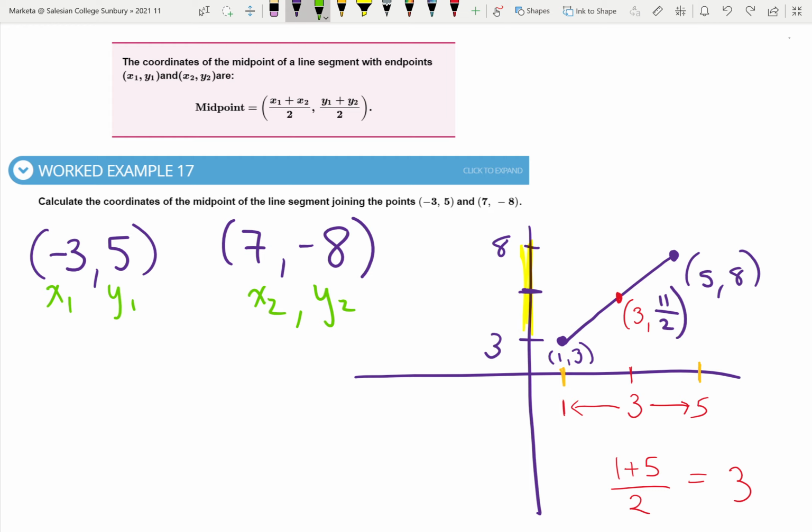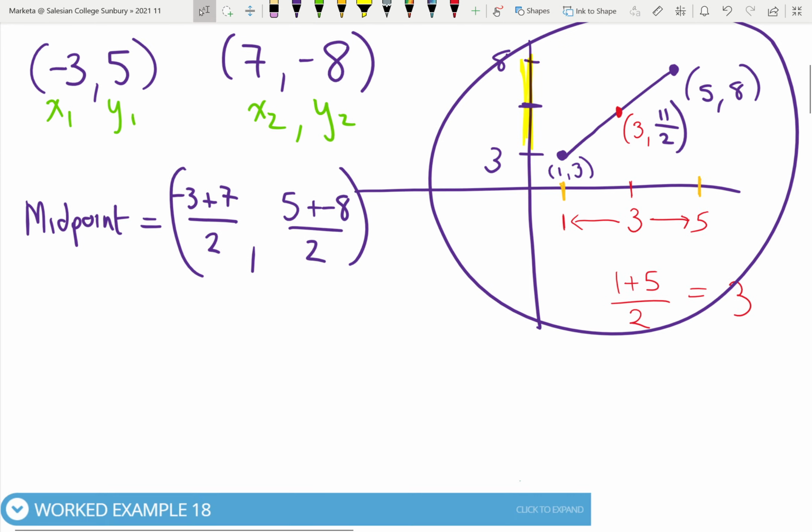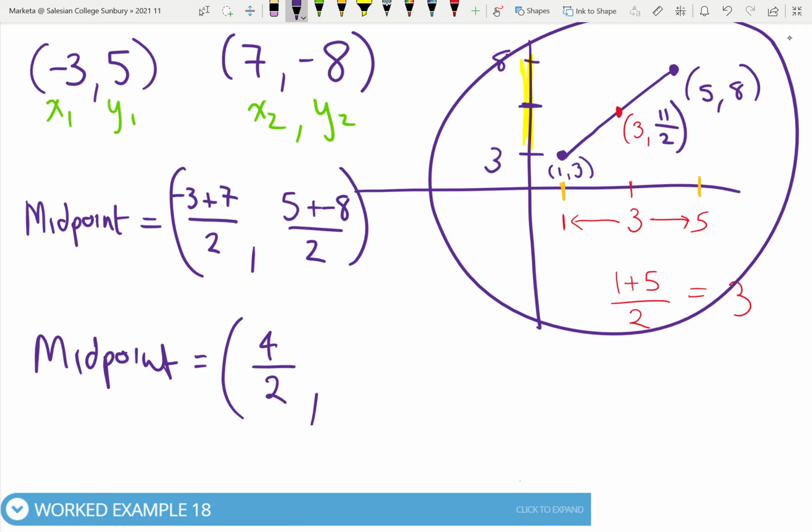So let's sub it into the formula. So midpoint, and of course that formula is given because of what we did here, and it's going to be x1, -3, plus x2, which is 7, over 2, comma, and then our y value of 5 plus -8 over 2. Let's make it neat. -3 plus 7 is 4 over 2, and 5 plus -8, so that's 5 minus 8, that's -3 on 2.